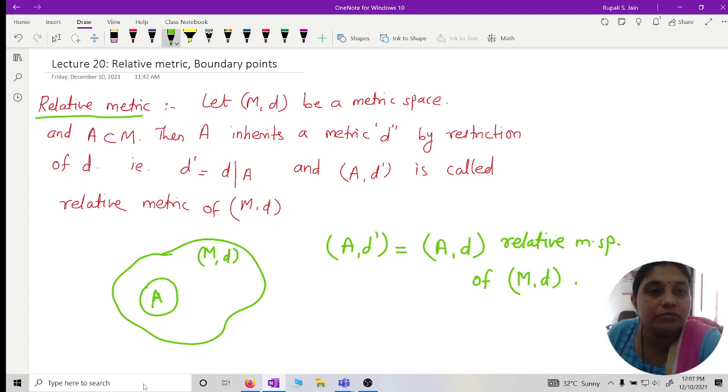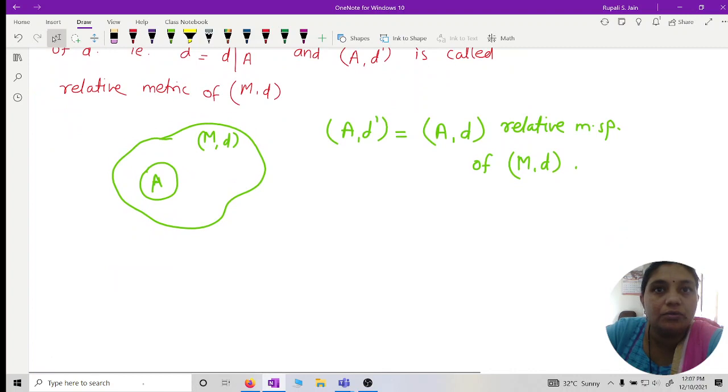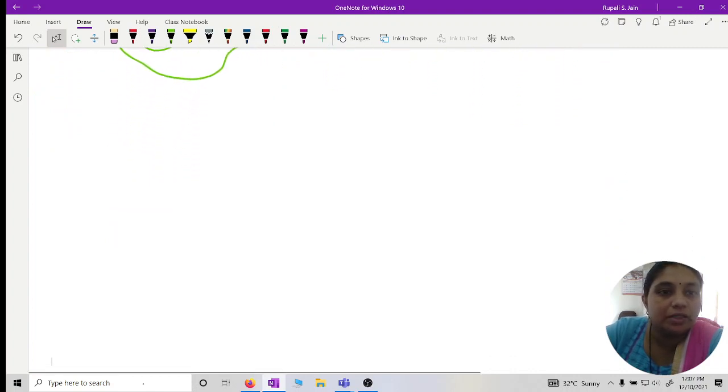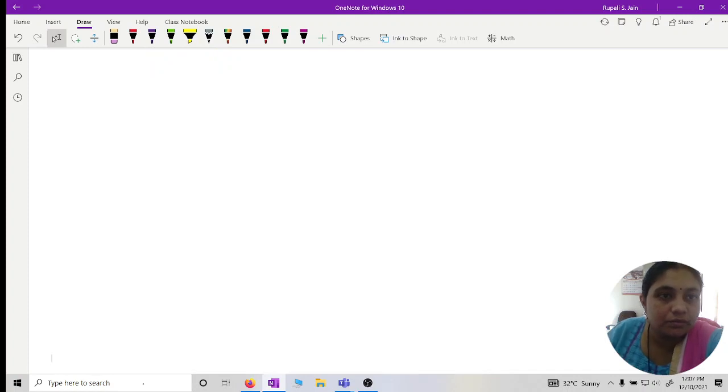Now we will see what is meant by an open ball with respect to this relative metric. First we will write a remark and then we will define. Let's write a remark.